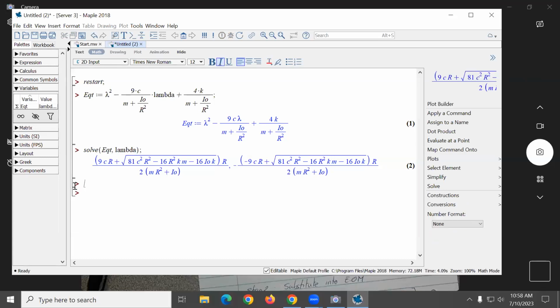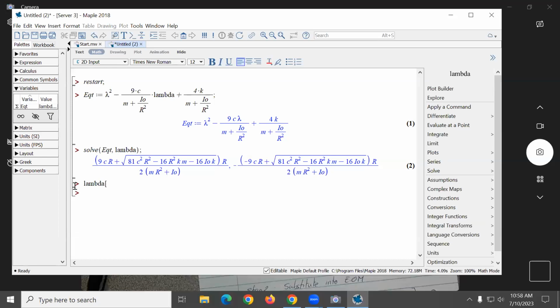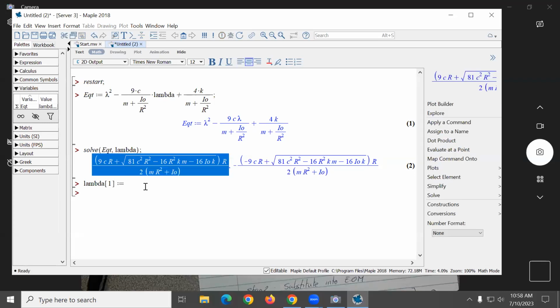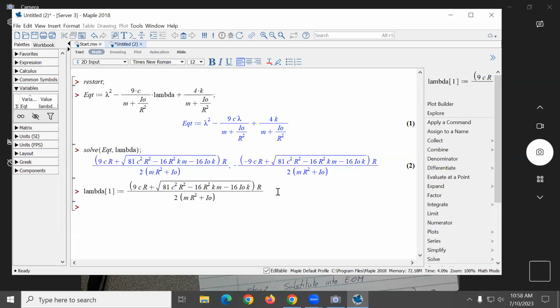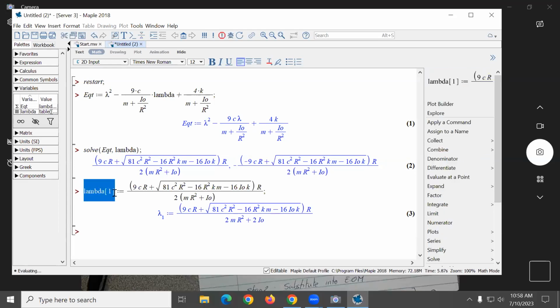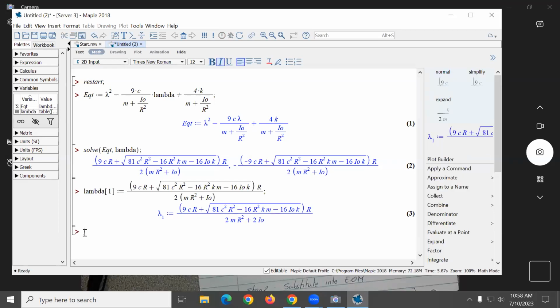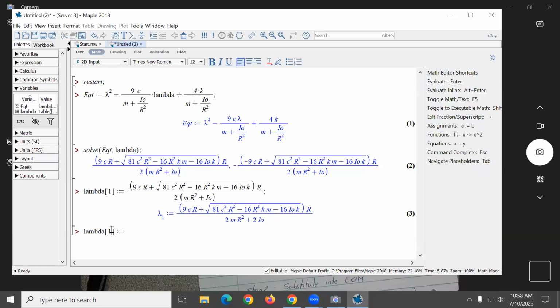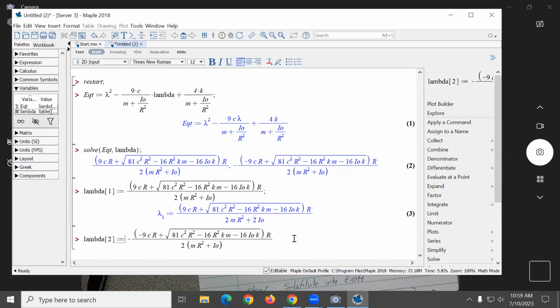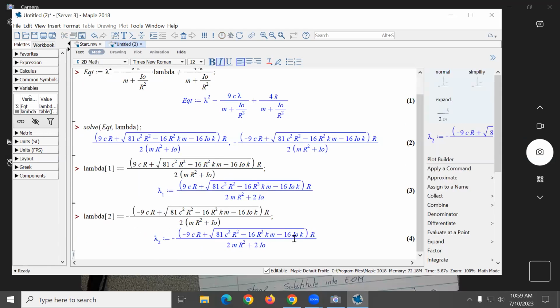So it's over here. Lambda 1, there are multiple ways to solve this. Lambda 1, let's say, will be this root over here, and lambda 2 will be this one over here, no?